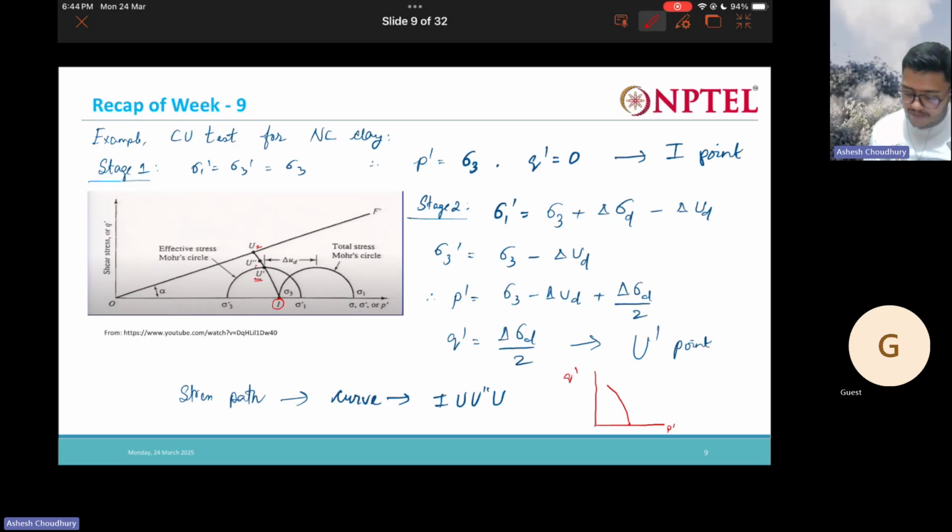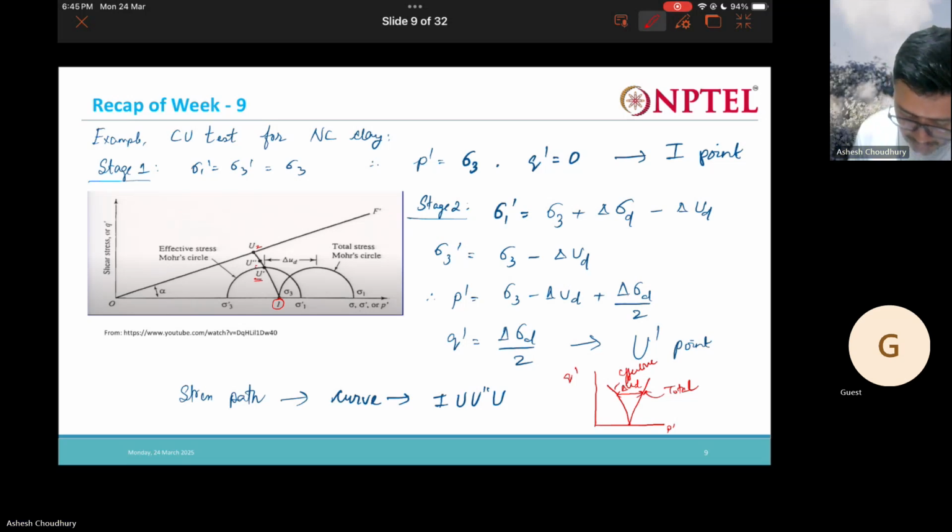Now, instead of the effective values, if I want to plot the total stress values, that is p and q instead of p' and q', I will again get a line like this. So this is my total, this is my effective, and the difference between them is nothing but delta u_t.